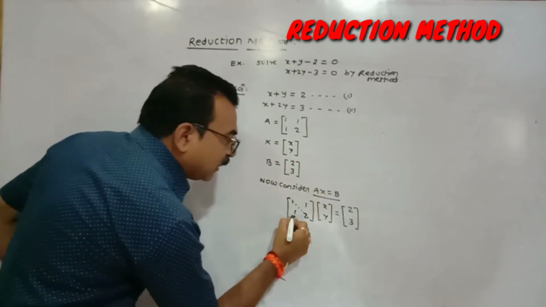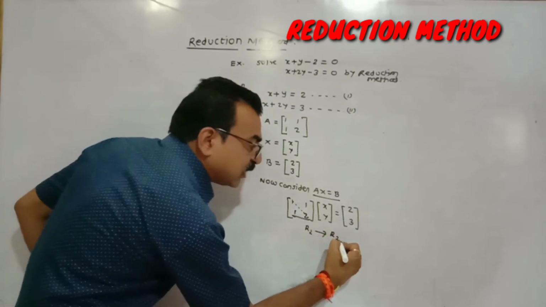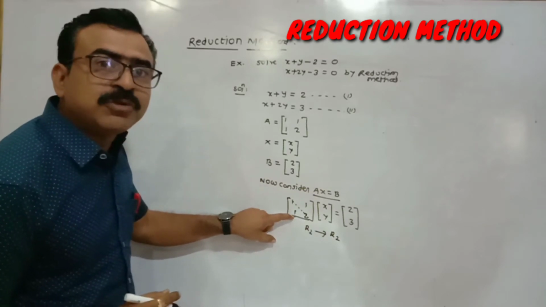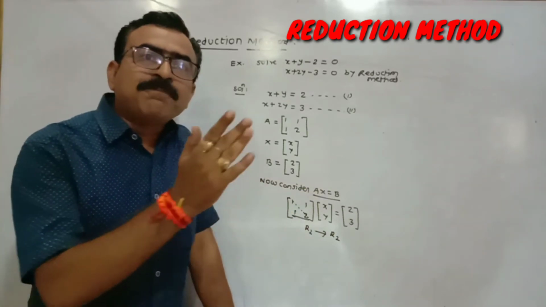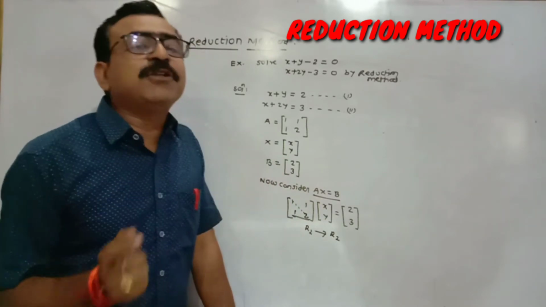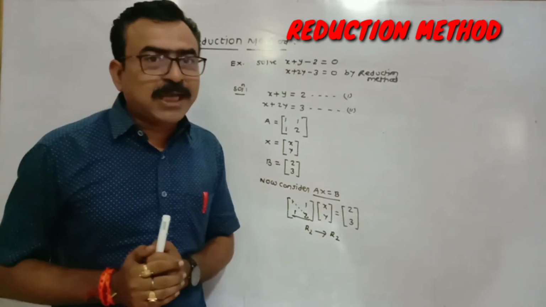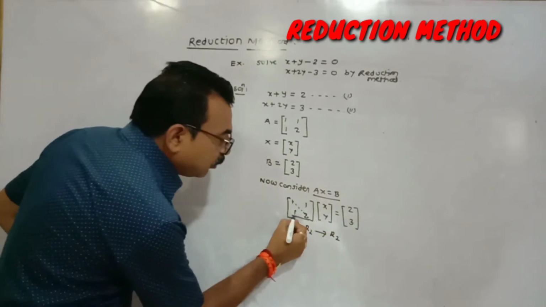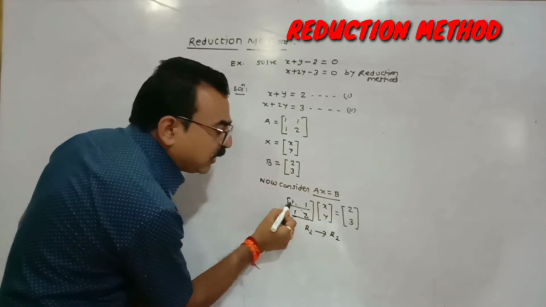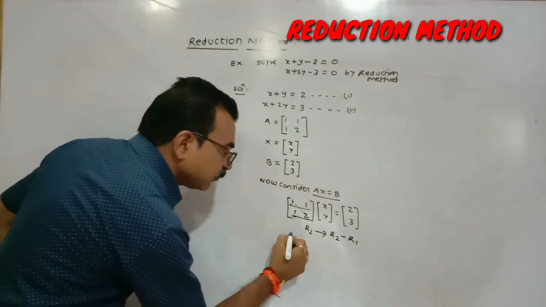Okay, so this 1 is present in which row? Second row. So write down second row changes second row. Okay, now you have to convert this element into 0. So friend, from previous knowledge we have known that to converting any element into 0, subtract that element from the same number. Okay, so here you have to convert this 1 into 0, so its corresponding element is also 1. So perform this operation, that is R2 minus R1.